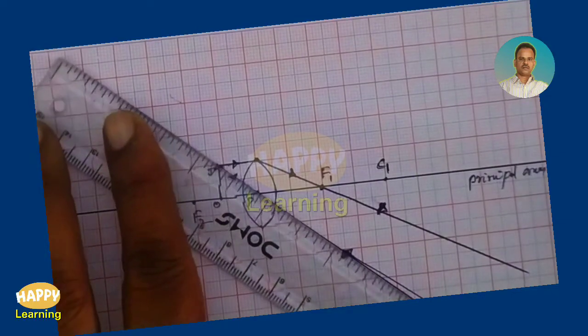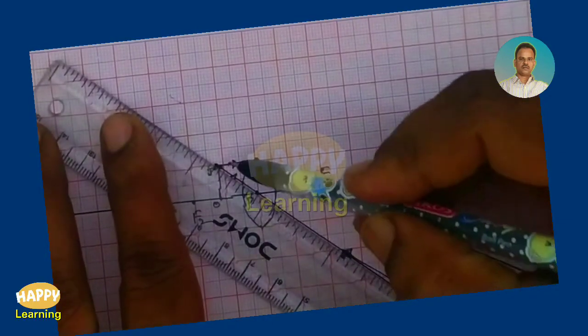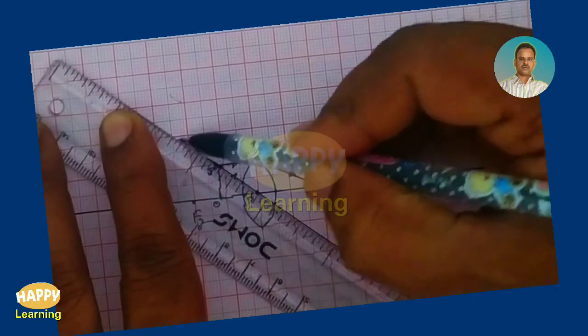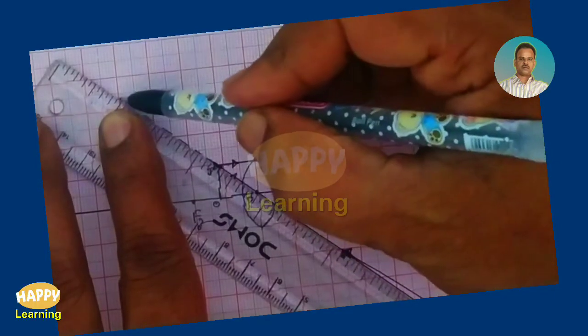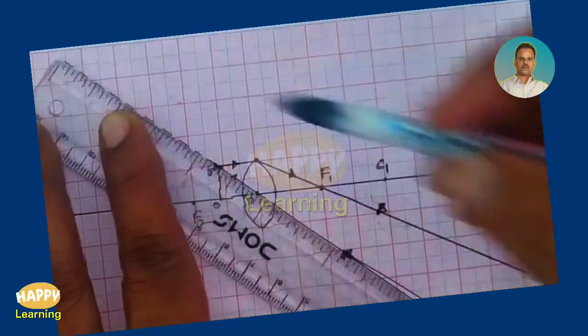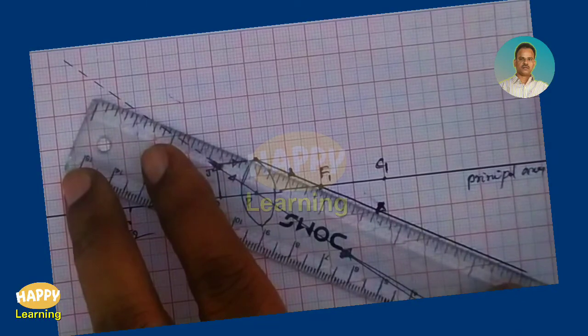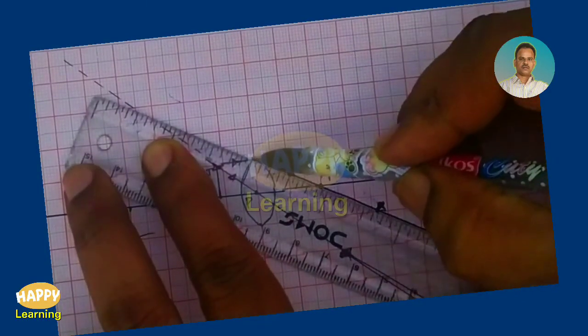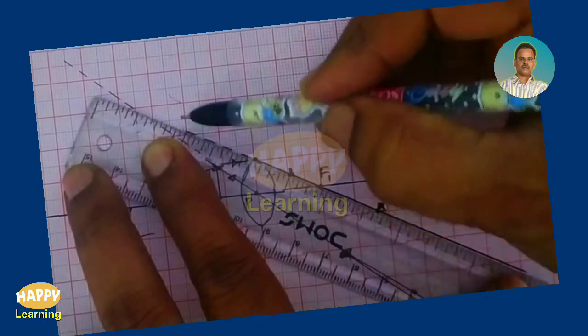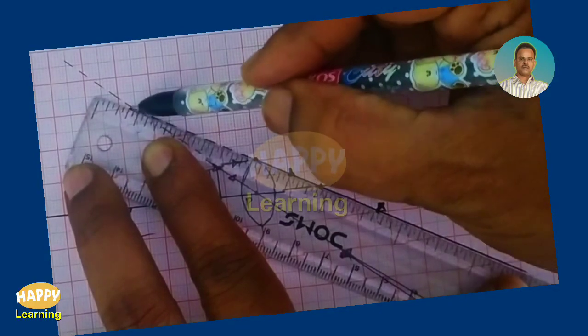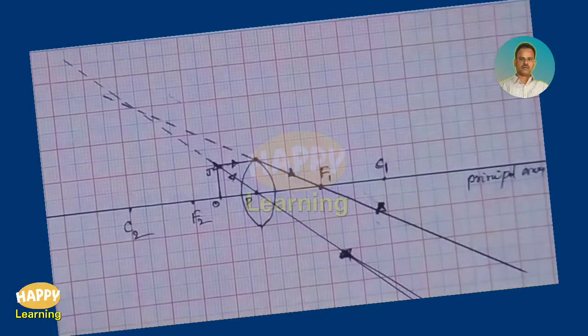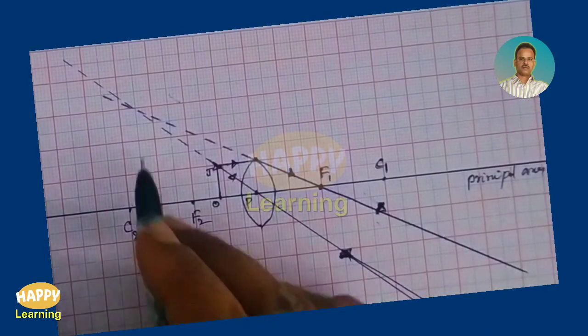So extend these rays in the backward direction. This is what we are imagining. If we extend, they appear to meet.